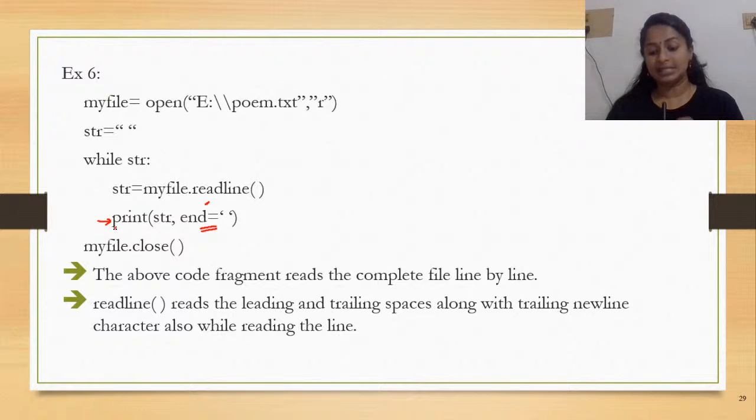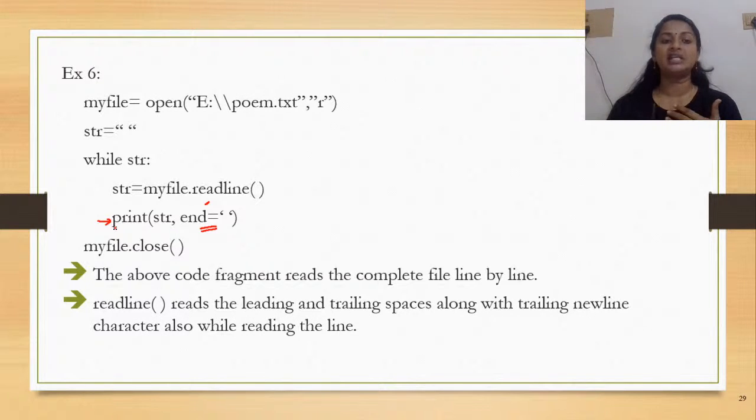Now what you have been asking till now: what happens when there are no more characters to be read from the file, or when you have reached the end of the file? The str naturally gets no value, and thus it would be pointing to none.